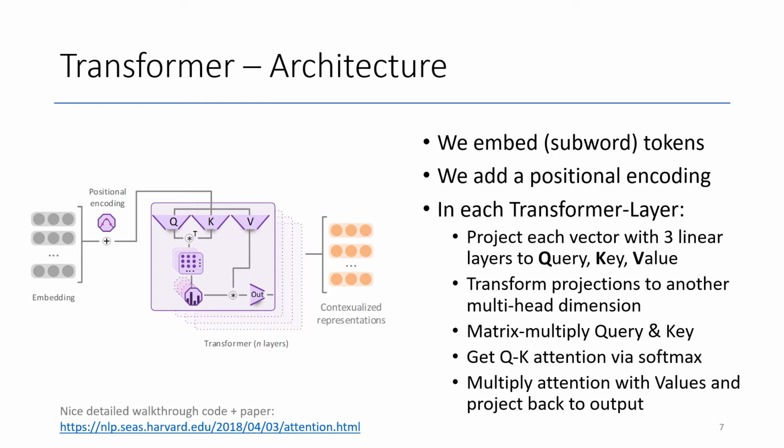And after we ran every element in our sequence through those linear layers, we matrix multiply the query and key by transposing one of them. So now we have an interaction between the elements, between each word inside the transformer.